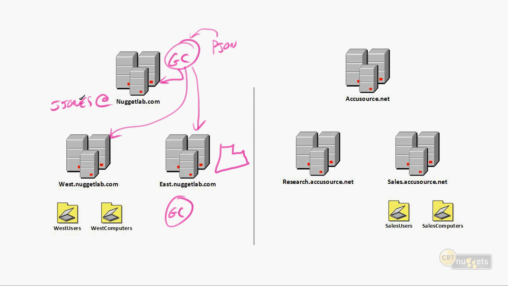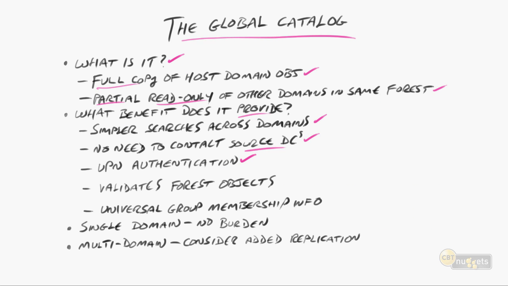I'm not very creative on names today. But it's jjones@nuggetlab.com, my user principal name. We talked about that before as well. Then when I try to access that, it'll be able to look up my user principal name because that's part of the global catalog. Again, it may not have to go all the way back up here and contact these domain controllers, because it already has a record of my user principal name there.